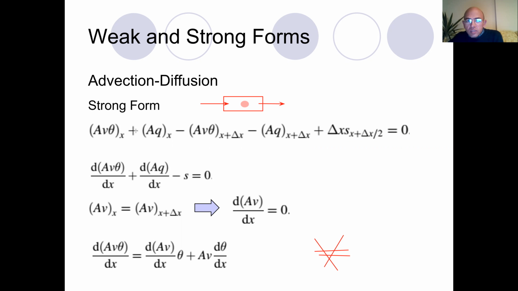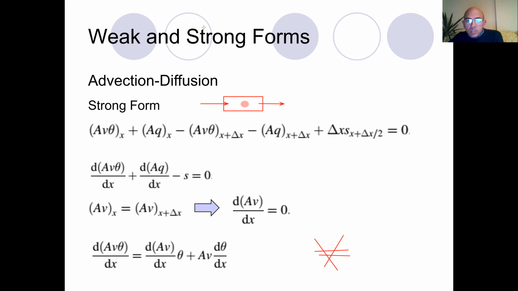And all of these have to be in equilibrium, and that has to be equal to 0. So as delta x goes to 0, we can obtain the differential equation which represents this problem.